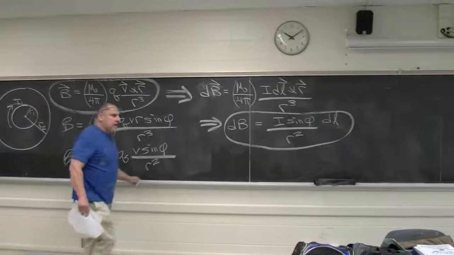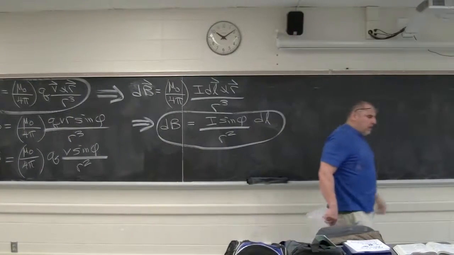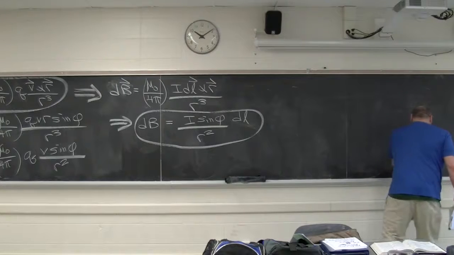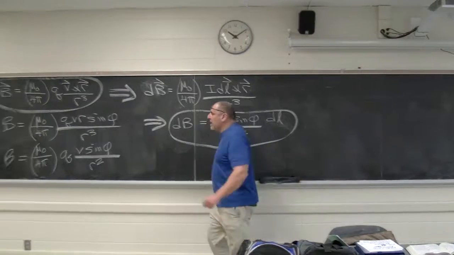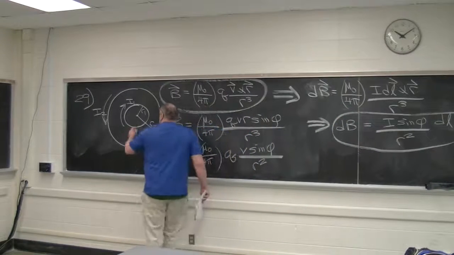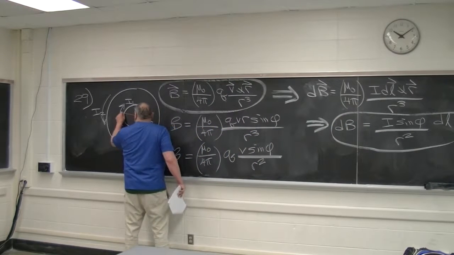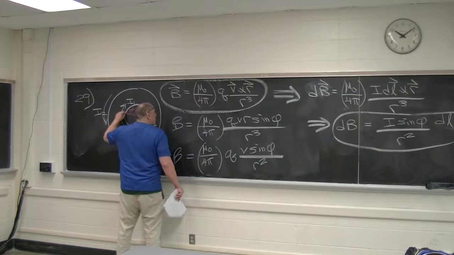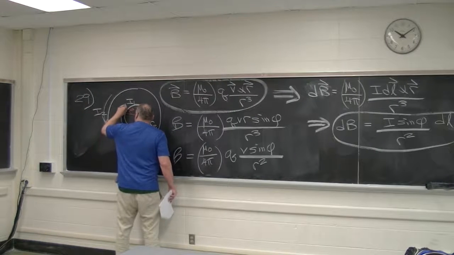This is essentially how the r vector looks. The r vector looks something like this. And the dl vector, I, is perpendicular to it.